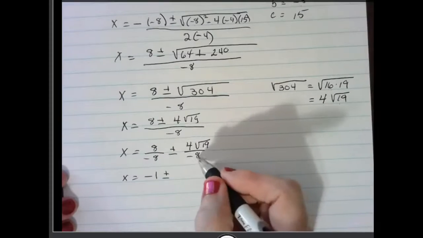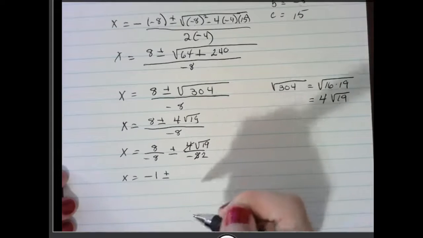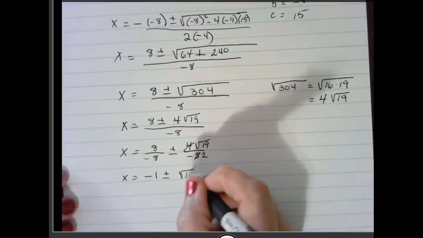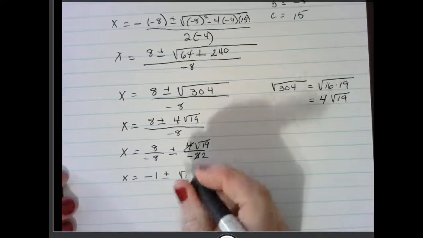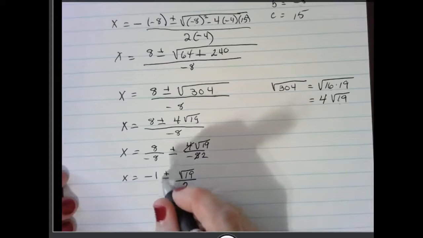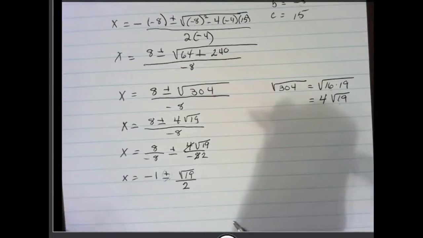It looks like 4 will go into 8 twice, so I get square root of 19 over 2. I could put that negative 2 there, however, this plus or minus is really going to either make it a positive or a negative, so that really takes care of that negative 2.